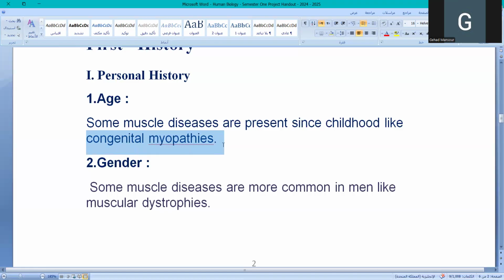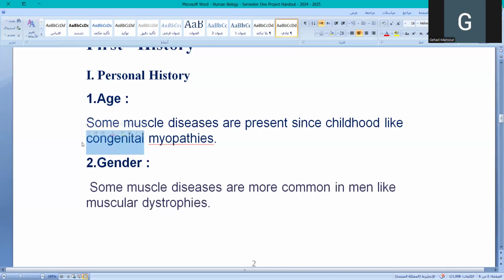A myopathy is a muscle condition characterized by muscle weakness because of a disease in the muscle itself. It's not a neuromuscular disease. Myopathies might be congenital, meaning that the child or the newborn is born with the disease.